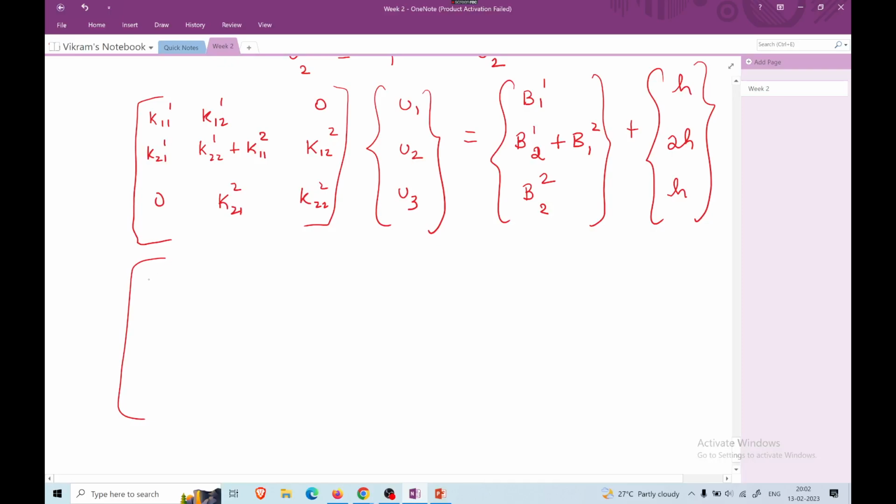What is K11? I think it was 1 by h, right? So 1 by h into 1, minus 1, minus 1. This will become 1 plus 1, 2. This will also be minus 1, minus 1, 1 into u1 u2 u3.